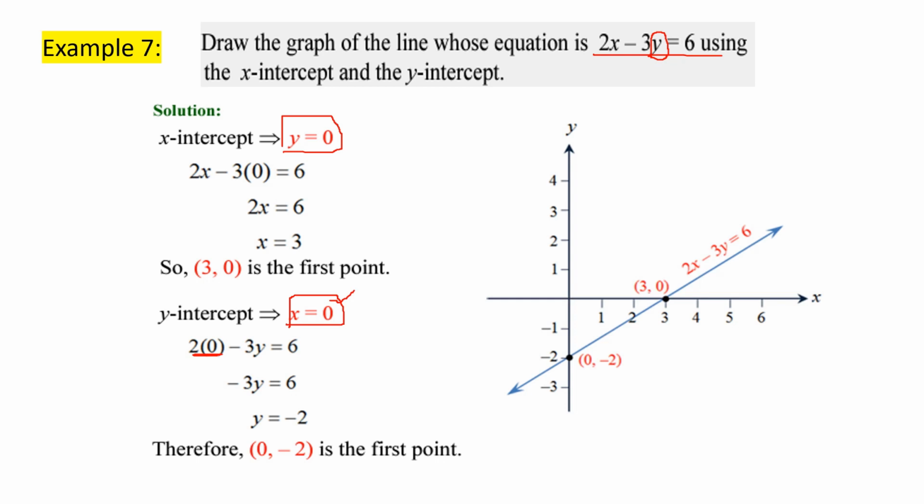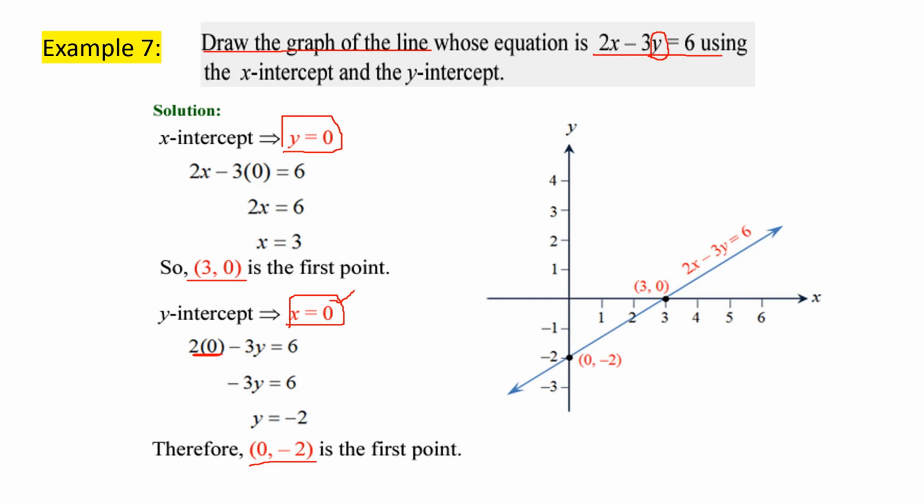And by the way, whenever you want to draw the graph, we need at least 2 coordinate points in the plane. That's why we are using this concept. Whenever you have a question to draw the graph of a line, we must have 2 points.